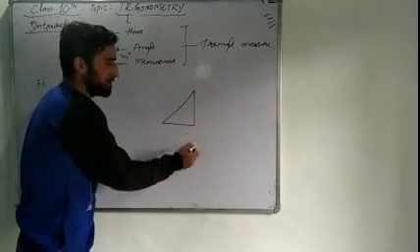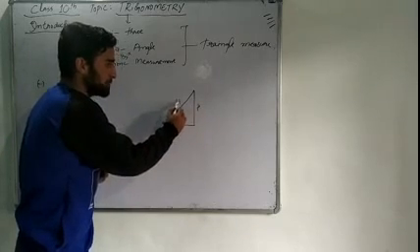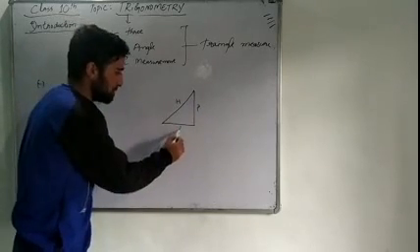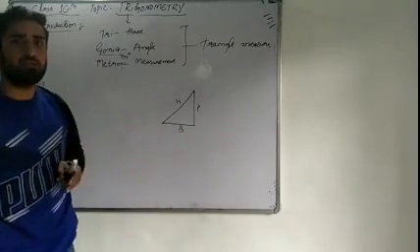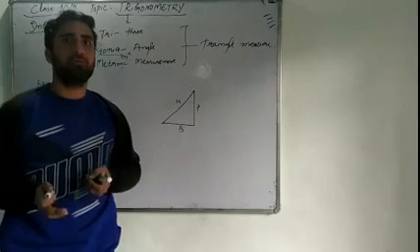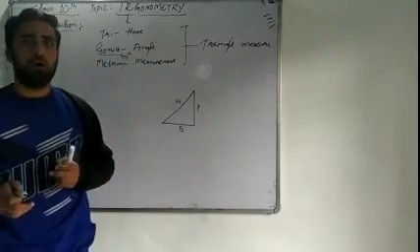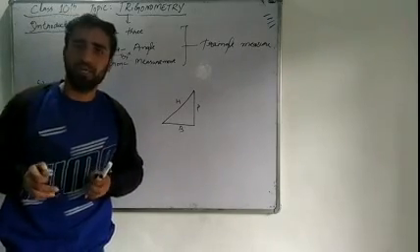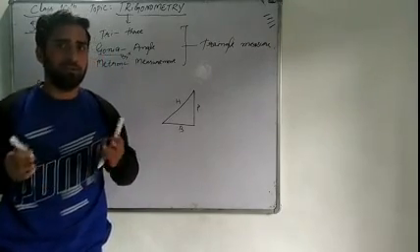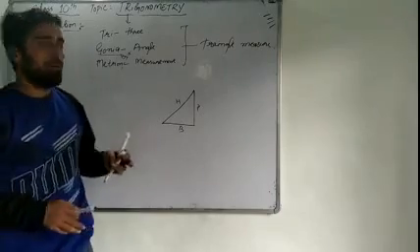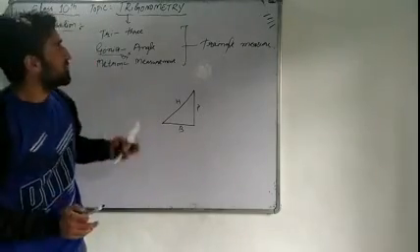Like we will compare the ratios of perpendicular and hypotenuse. We will compare the ratios of hypotenuse and base. We will compare ratios of perpendicular divided by base. These ratios are called trigonometric ratios, or trigonometric functions, or circular functions, or simply T ratios. Just like we have alphabets in the English, in the same way we have trigonometric ratios in the chapter trigonometry.